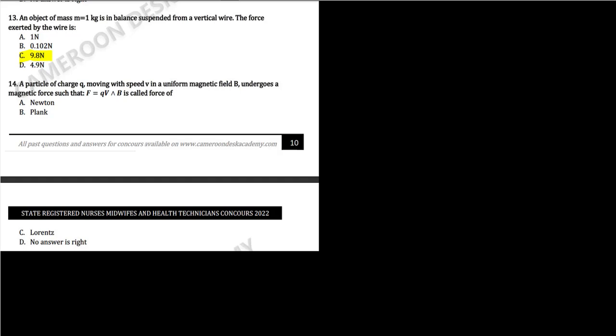In general, the Lorentz force, when a charge is moving with a given speed under the action of an electric and a magnetic field, is F equal to Q into E plus V cross B. That is the general expression of the Lorentz force when a charge is moving inside a field and experiences both the electric and the magnetic field.